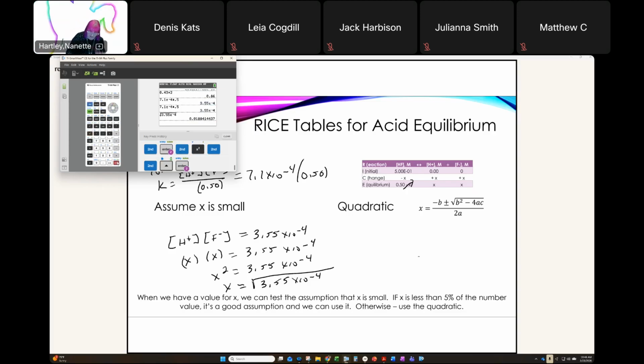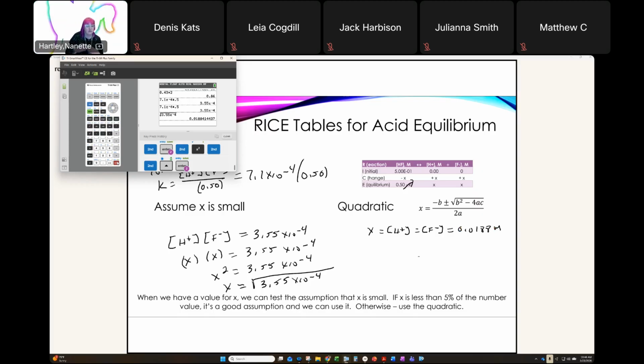And that gives me that X, which is equal to H plus, and F minus is equal to 0.0188 molar.